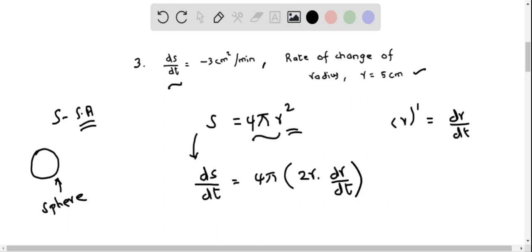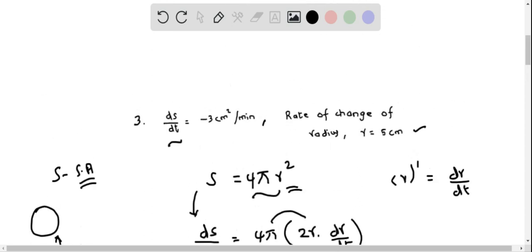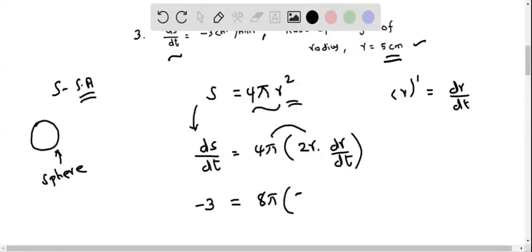Now we can substitute the values which are given over here. dS over dt is negative 3. So I put negative 3, and this equals 4 pi times 2 is 8 pi, and then we have to multiply with the radius. So we take this radius, that is 5 centimeter. So I put 5 here, and then we have to determine dr over dt.